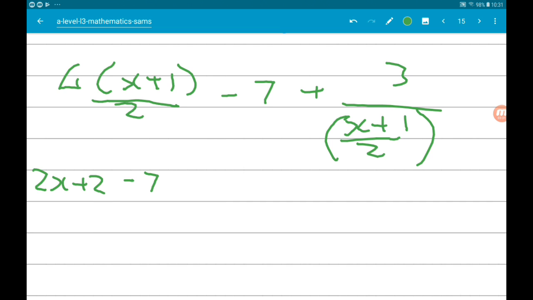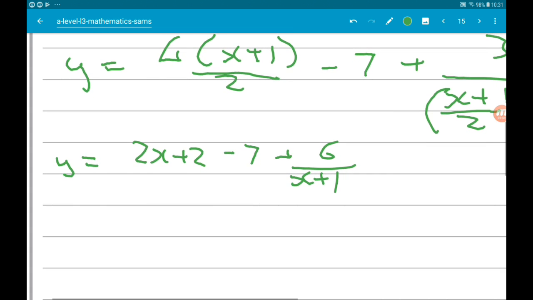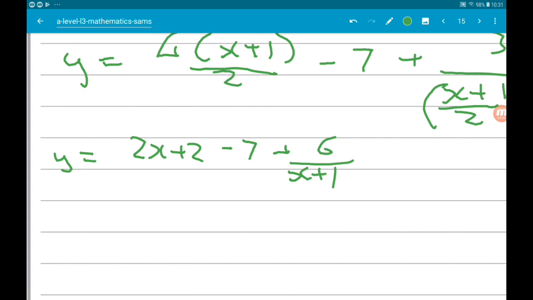So when you're dividing by a fraction, you flip it over and multiply by it. So we're going to get 6 over x add 1. Okay, so we can simplify the first bit to 2x minus 5. So we have 2x minus 5 add 6 over x add 1.